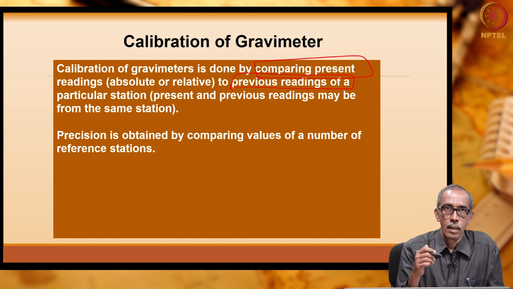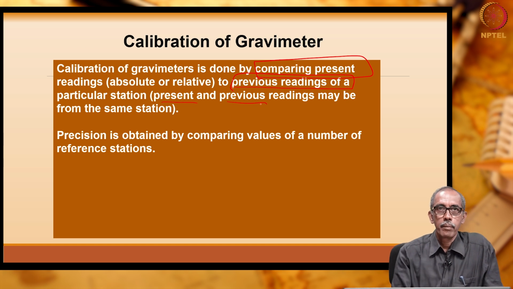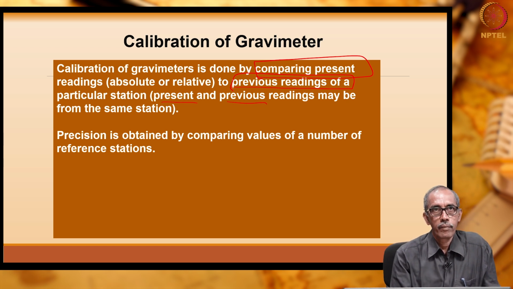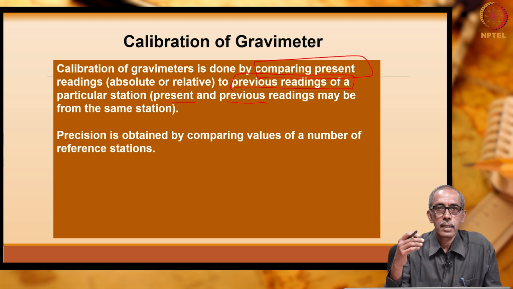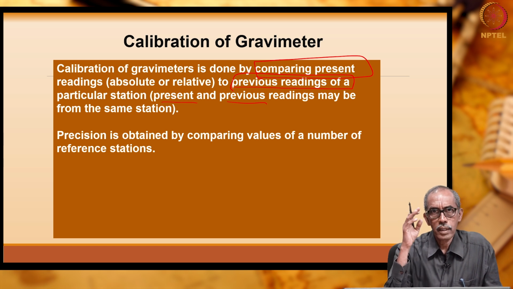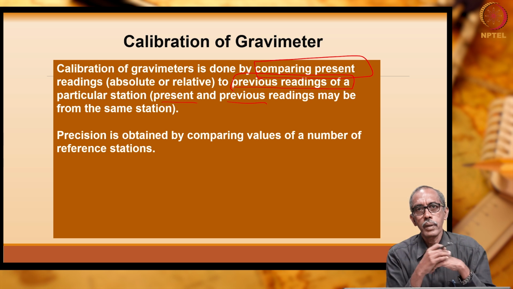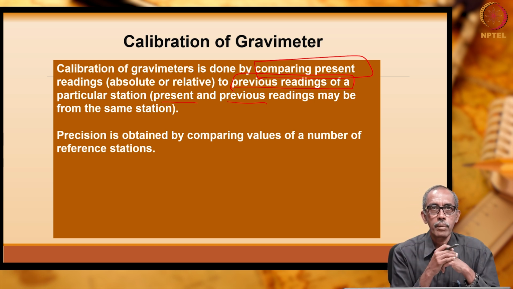The present and the previous reading may be from the same station. So, check, today you have measured the value here and tomorrow you measure the gravity value there, whether the instrument shows the same value or not. There are also other reasons for the change in gravity with respect to time, we are going to see that, just to make sure the instrument is reasonably fine.